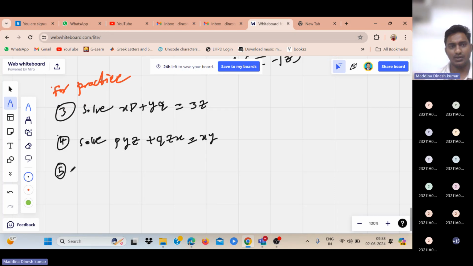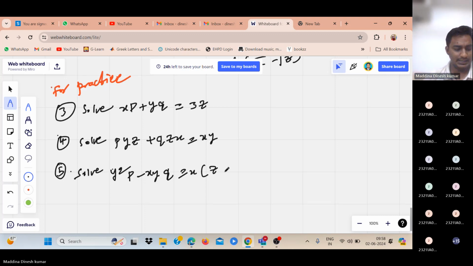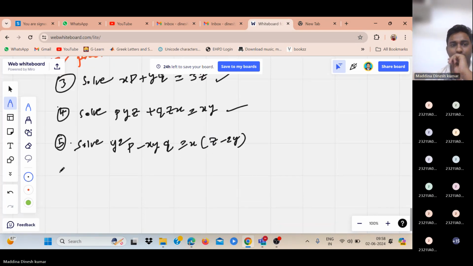Fifth one, solve y square p minus xy q equal to x into z minus 2y, okay? So for this problem, I will give a hint. These two problems are the same, ditto, as we solved above. For the fifth one, the hint is: compare the first equation's terms.